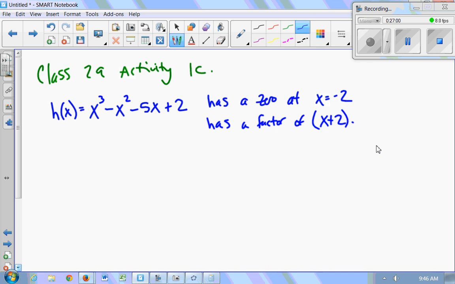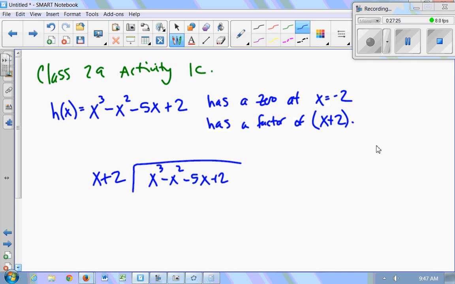X minus -2. So all factors are always x minus the 0. So x minus -2 gives you the x plus 2. So then we divide to find another factor. So I'm going to do x cubed minus x squared minus 5x plus 2 divided by x plus 2.